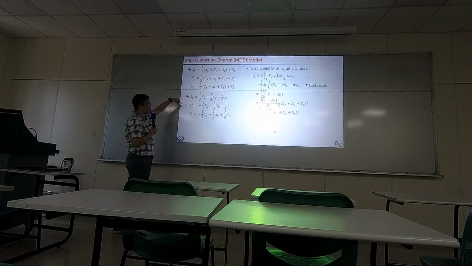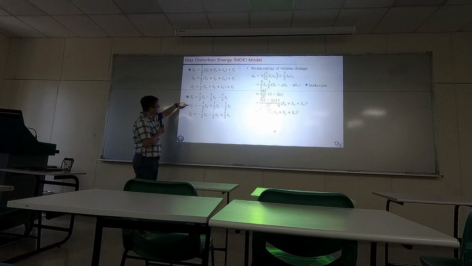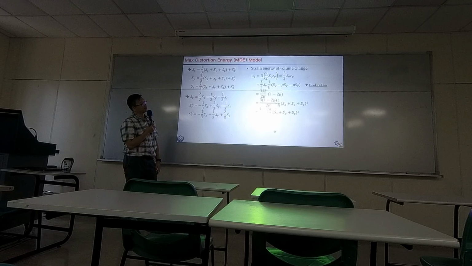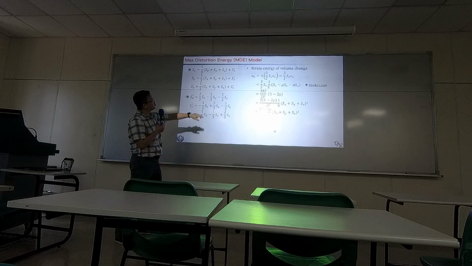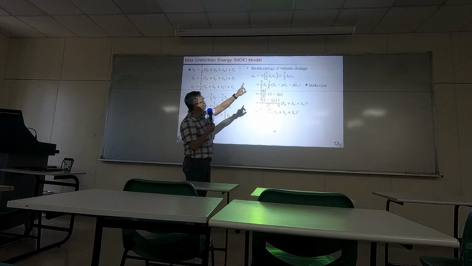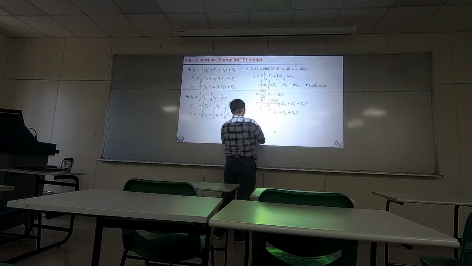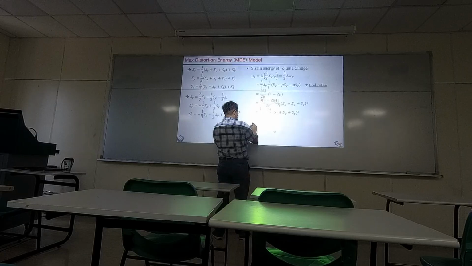The prime represents the stresses for distortion. And over here, you realize all the stresses for distortion can be described in terms of the principal stresses along all three directions.